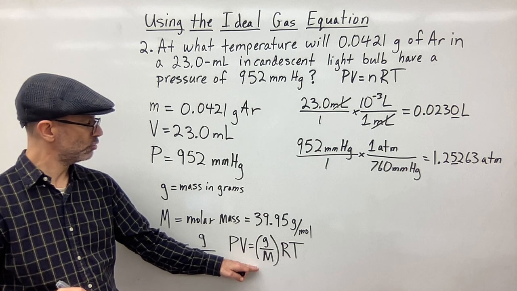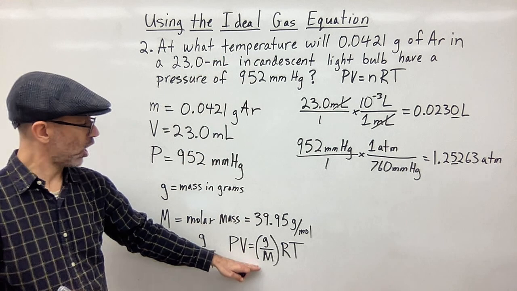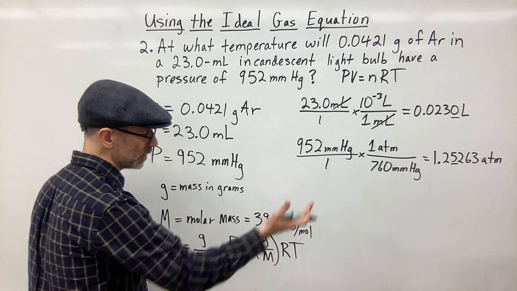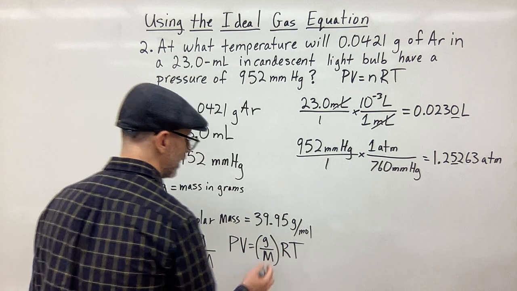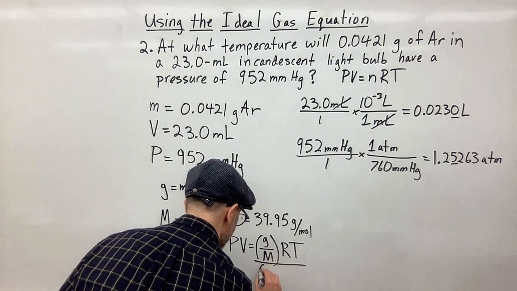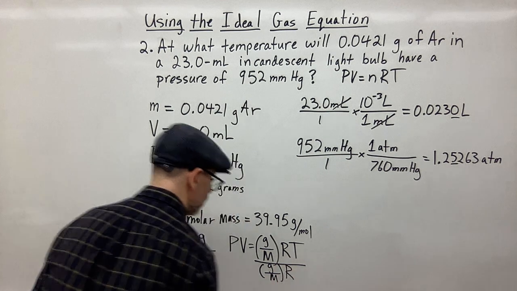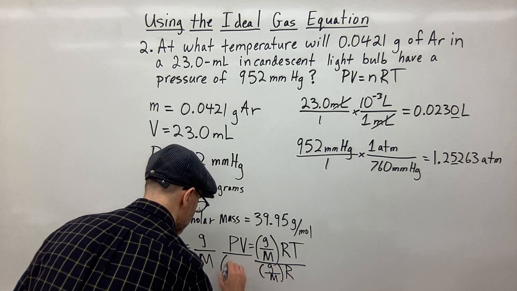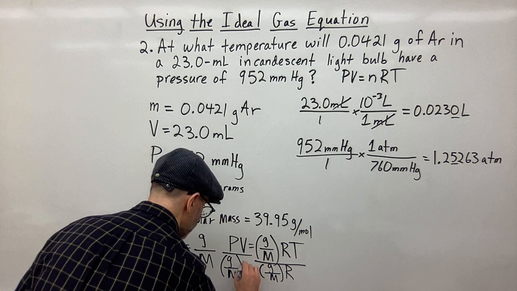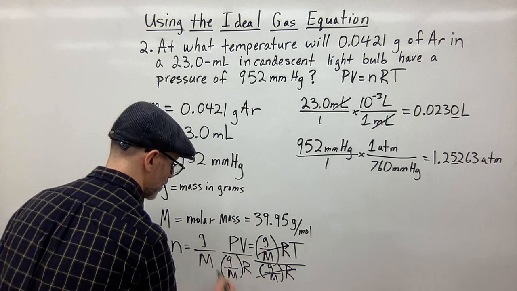So all we have to do is solve for the missing part, again temperature. We could solve for temperature, or we could just plug things in and then solve for temperature. It's up to you. If I solve for temperature, all I need to do is divide both sides by G over M and R. Then this cancels out and I get T is equal to this.